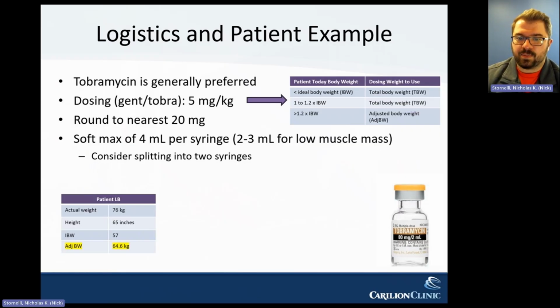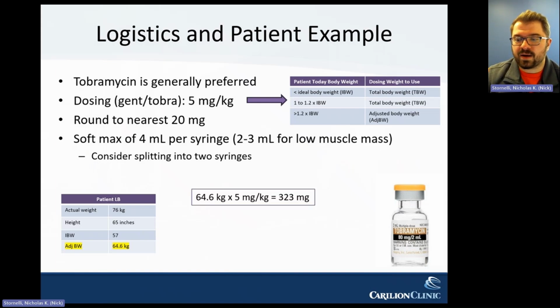So our example here for our patient is they're 76 kilograms, 65 inches, 57 kilogram ideal body weight. And so their adjusted body weight, because their actual weight is exceeding 20% over their ideal body weight, we would use 64.6 kilograms to dose them.